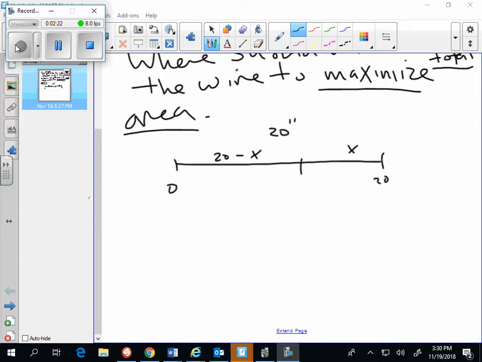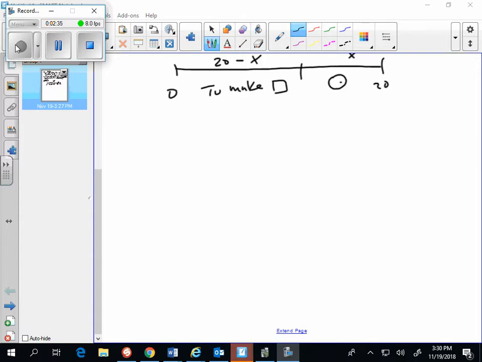Okay, so I'm going to use this piece of wire to make the square, and I'm going to use this piece of wire to make the circle. Now, when I talk about making the square, I'm actually going to be folding this piece of wire to make a square. And this will have s, s, s, s, or 4s is this amount of wire.